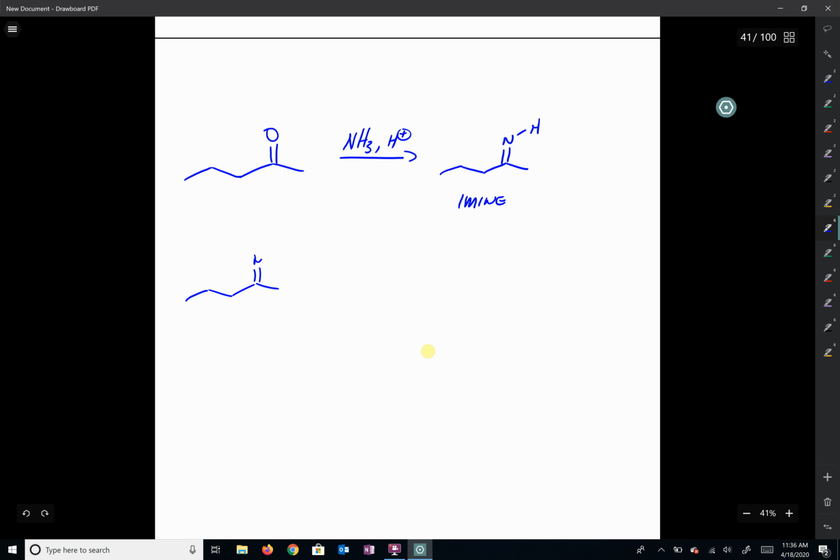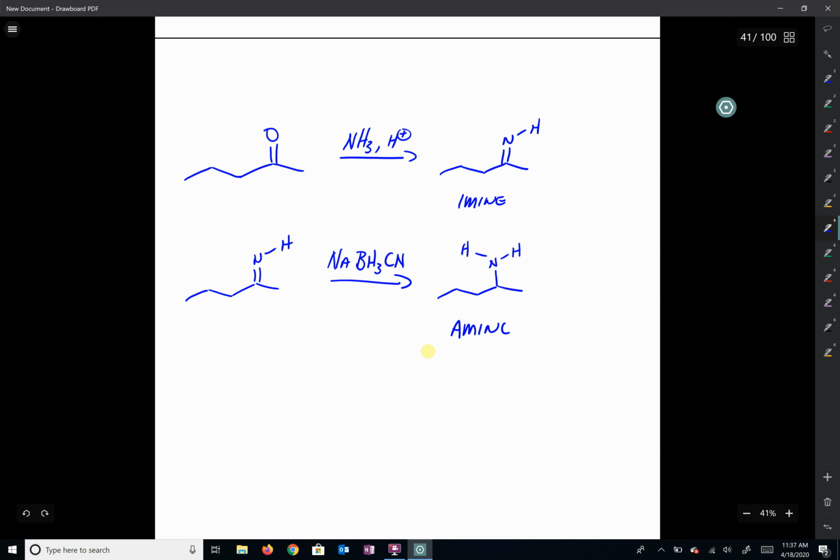But anyway, if we take that imine and we react it with this reagent here, NaBH3CN, so sodium cyanoborohydride, what we end up doing, very useful, is taking an imine to the amine.